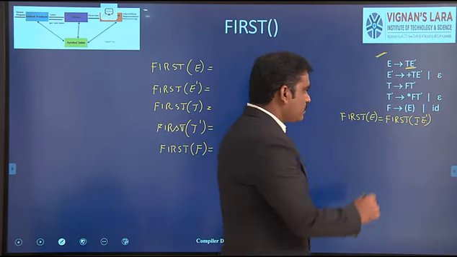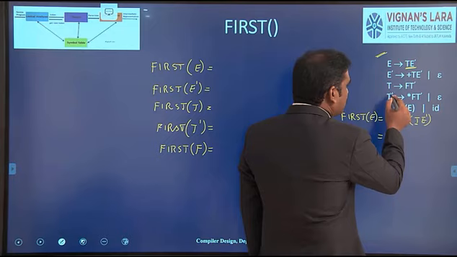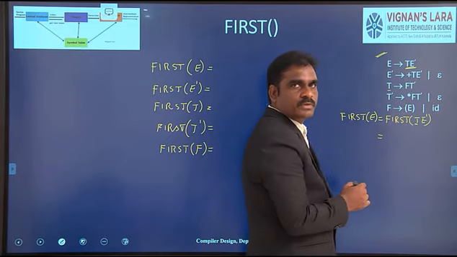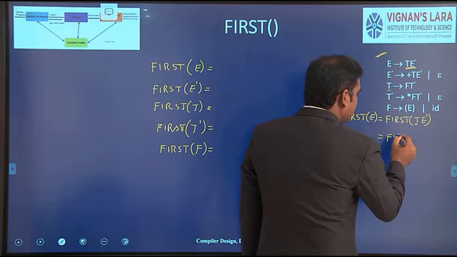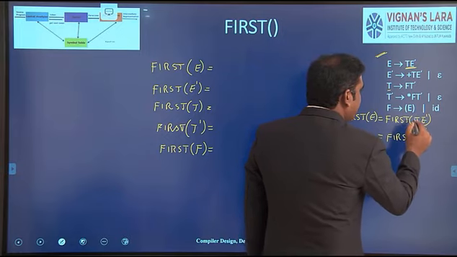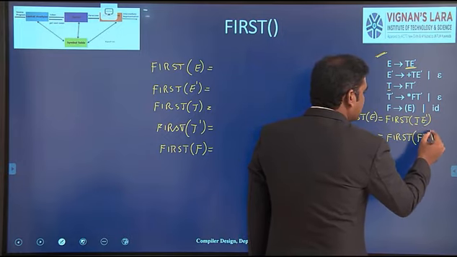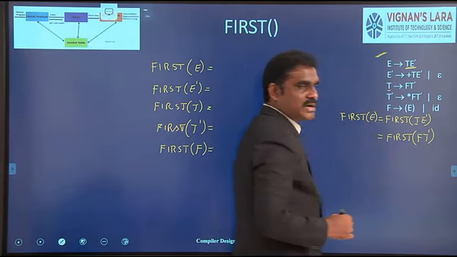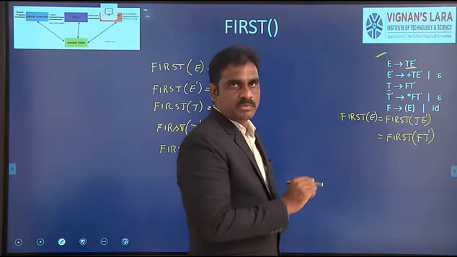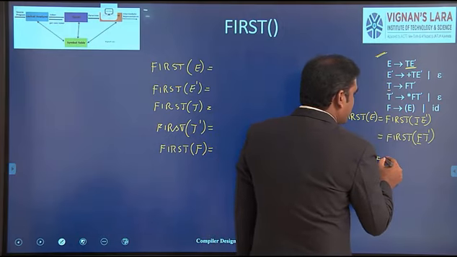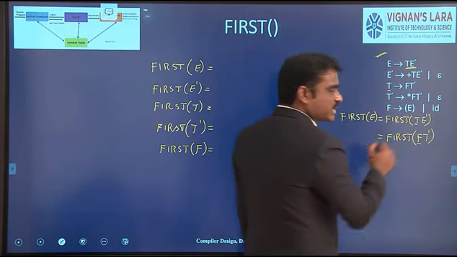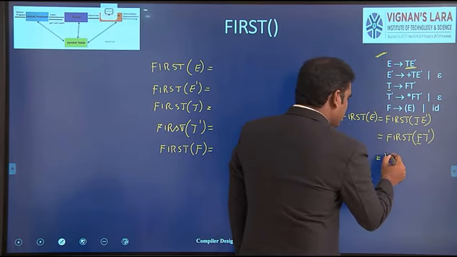Okay, so what is first of T? T means FT dash. In this also two non-terminal symbols, so again the same rule. What is first of F? F has two productions.